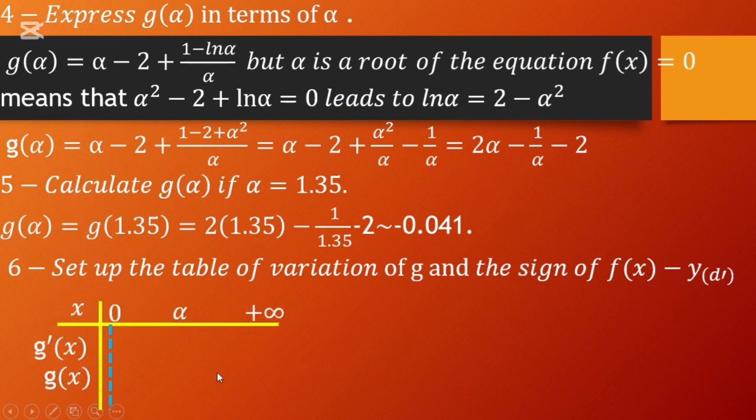G prime of x takes the sign of f of x, so minus, 0, plus: decreasing, then increasing, with g of alpha as the minimum. The limit of g of x as x goes to plus infinity is plus infinity, and the limit of g of x as x goes to 0 is also plus infinity.